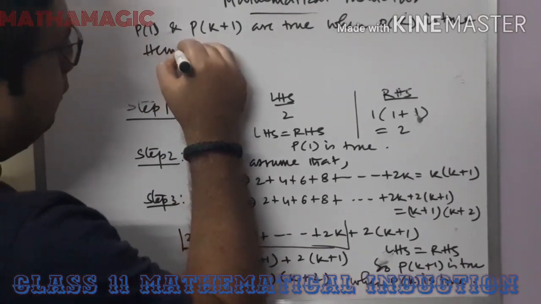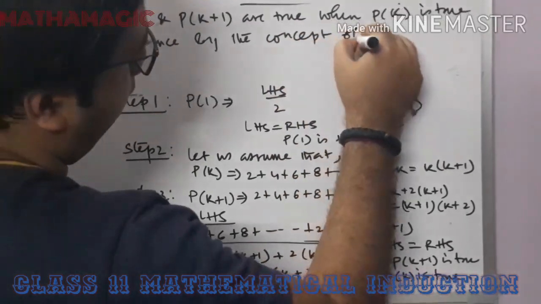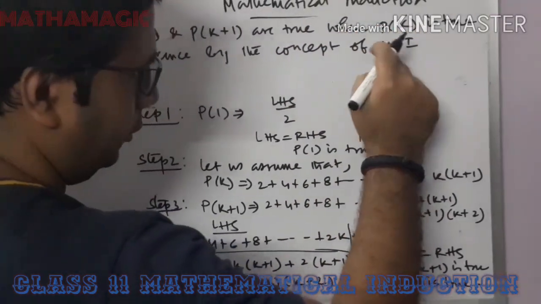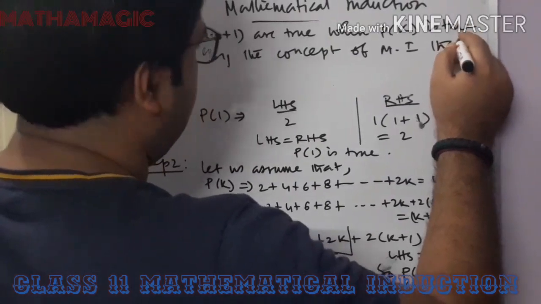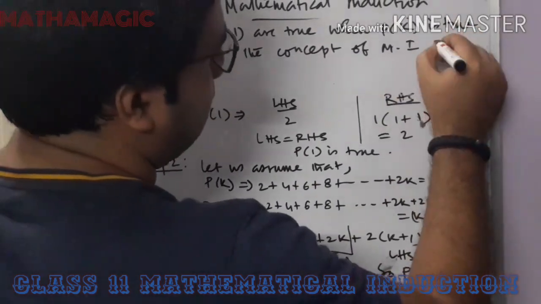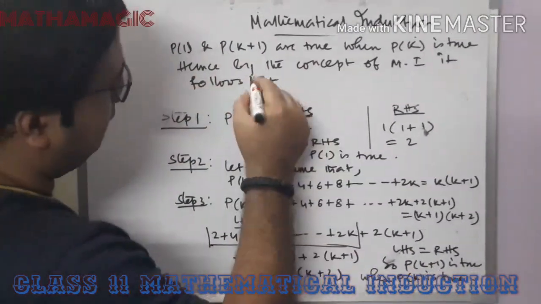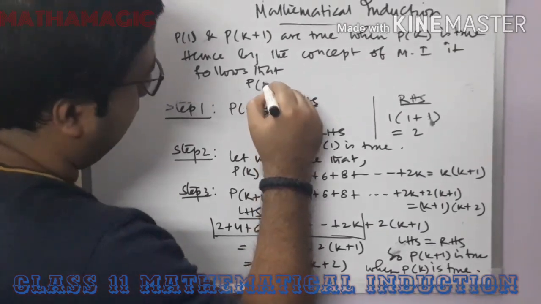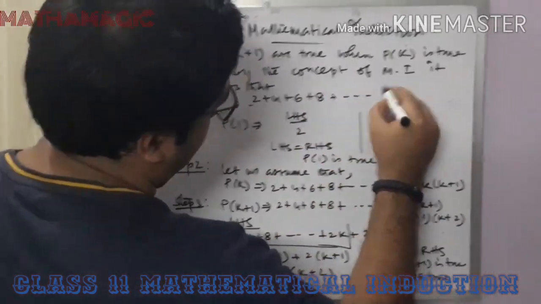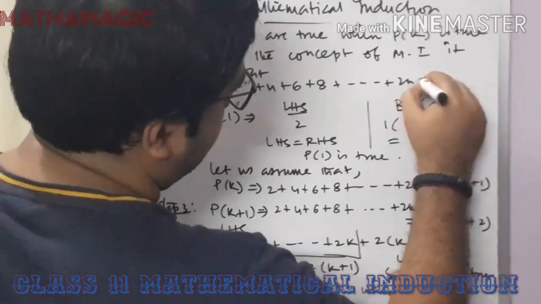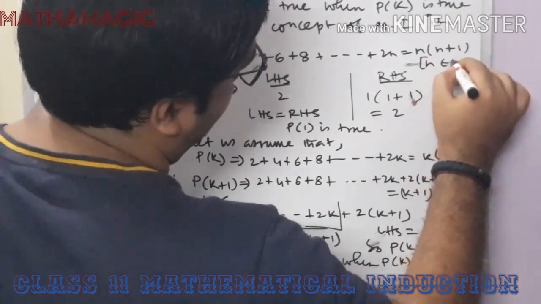Hence, by the concept of mathematical induction, I am writing MI, but you have to write mathematical induction, it follows that, just write whatever you have been given for the proof, that is P of n: 2 plus 4 plus 6 plus 8 up to 2n equals n into n plus 1, where n belongs to capital N.